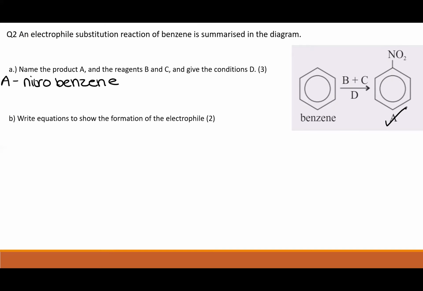Then it asks you to name the reagents B and C. As we said, this would be a nitration reaction. If it's going through a nitration reaction, the reagents that we need, B and C, it doesn't matter which way around, have to be concentrated nitric acid and concentrated sulfuric acid.